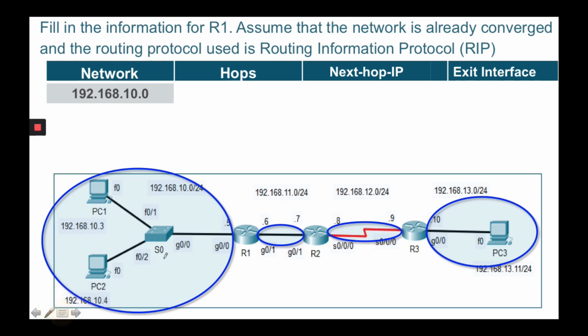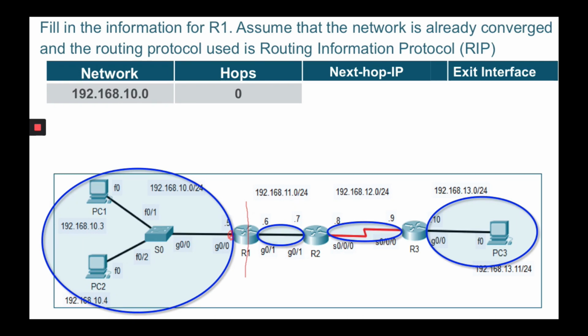Okay, so from the router 1 perspective, the network 192.168.10.0 is directly connected to router 1, right? So the number of hops here is actually 0, and the next hop IP address is 0 as well, because it is directly connected.